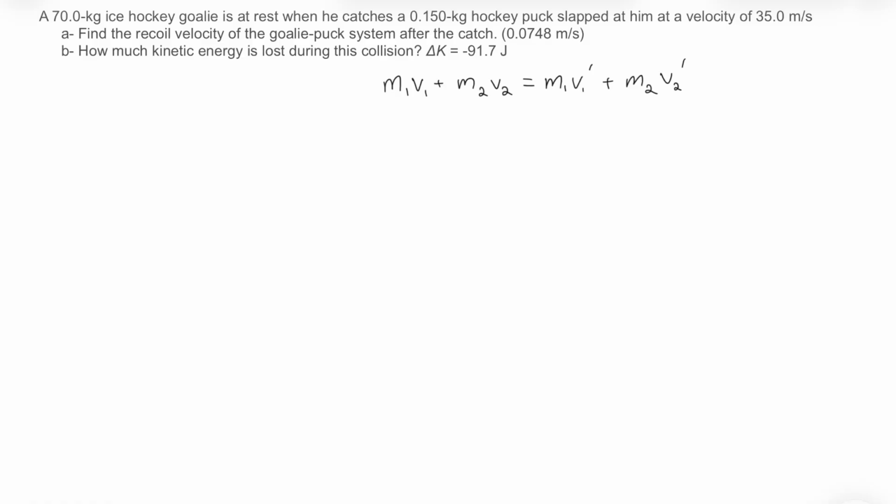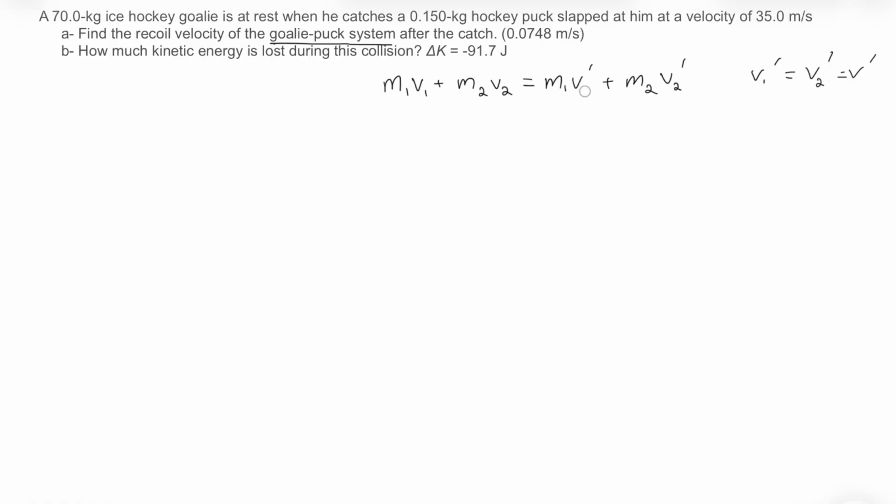The difference here, though, is that when the hockey goalie catches the hockey puck, they become one thing moving together. So since v1 prime, the final velocity of our goalie, equals v2 prime, the final velocity of our puck, we can say those two things are the same and just call them v prime.